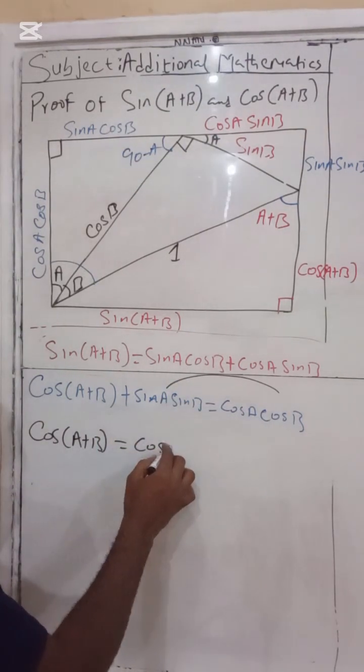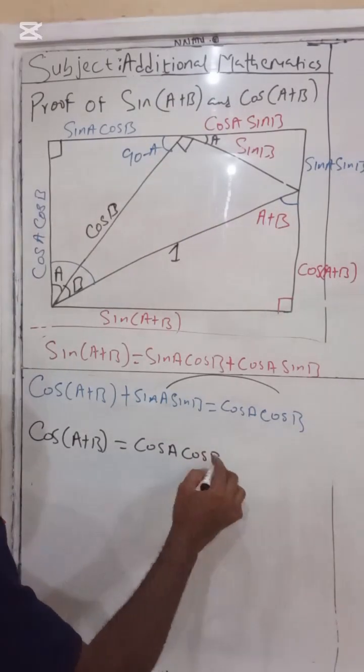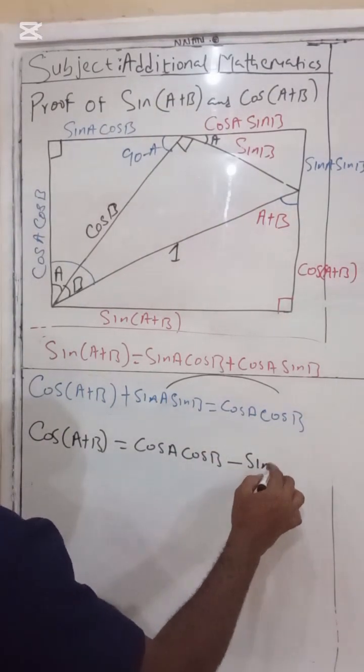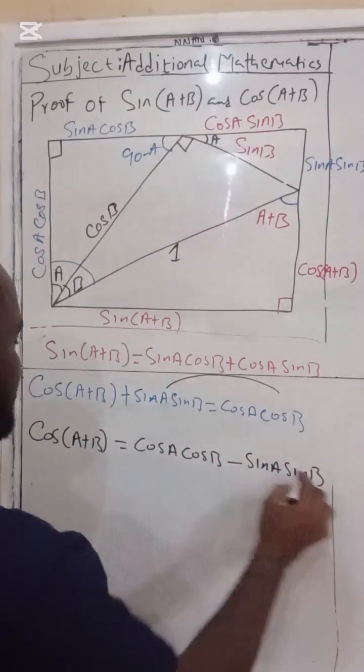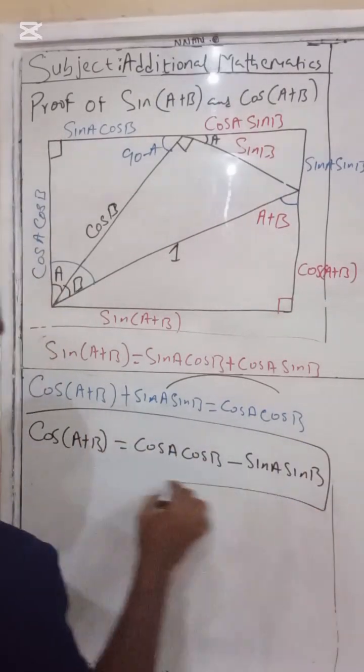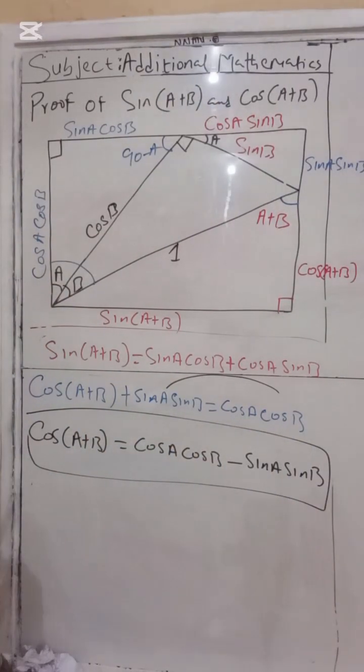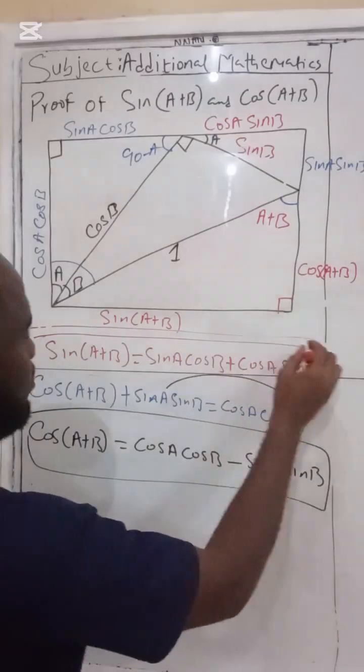So we have cos A cos B minus sine A sine B. Proved. Okay? So we have proved it.